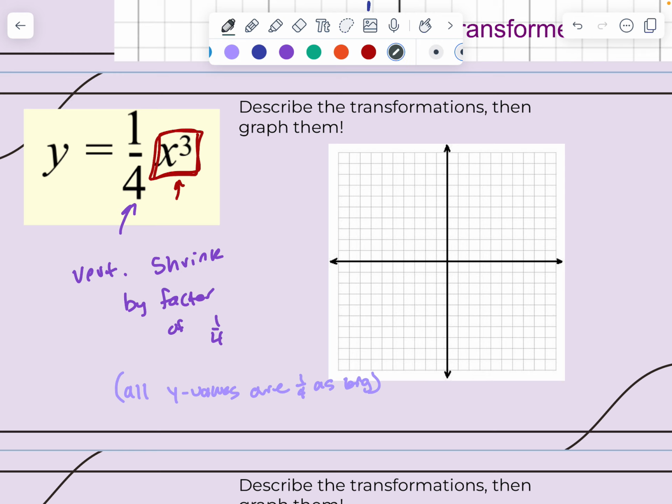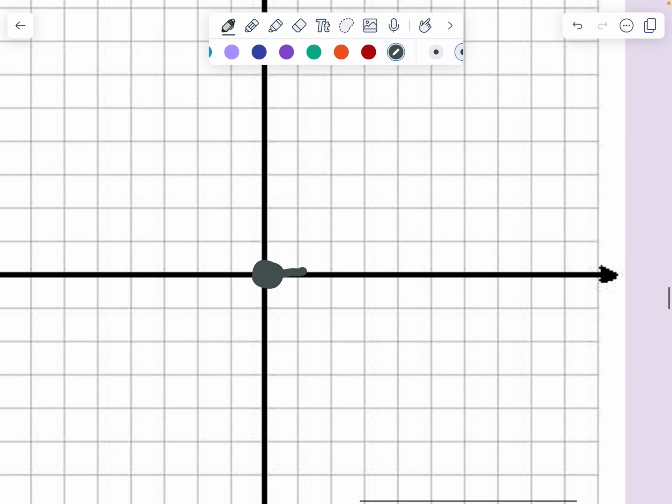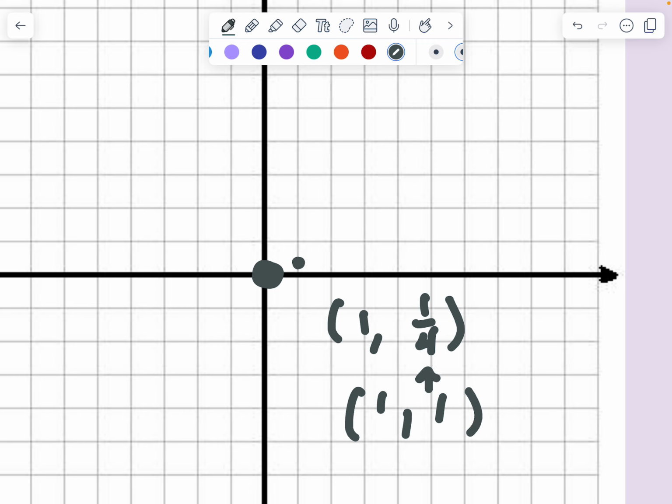So, I start at the origin here. There's one point. Normally, I would go over 1, up 1, but that up is going to be shrunk down. It's going to be compressed to 1/4 its original size. Kind of guesstimating there, but there's my coordinate point, (1, 1/4). It used to be this, and I shrunk the y values by a factor of 1/4.